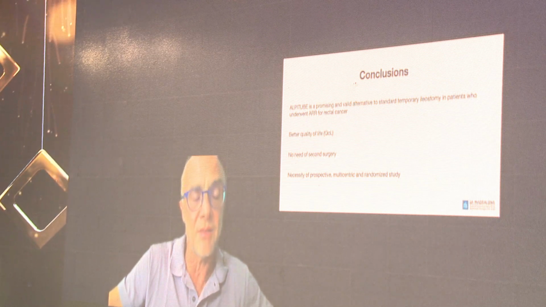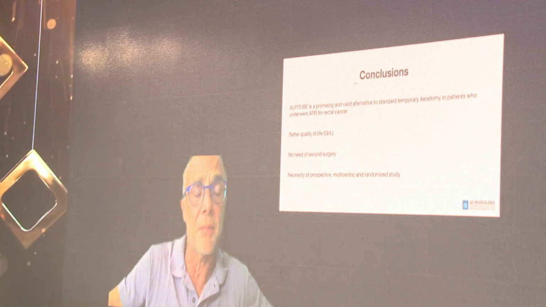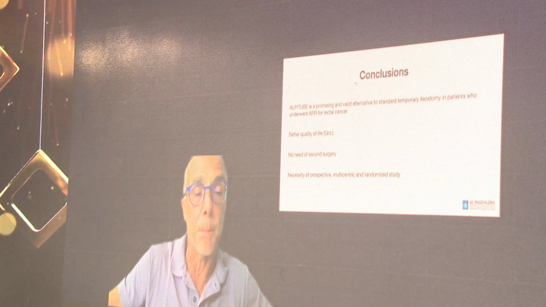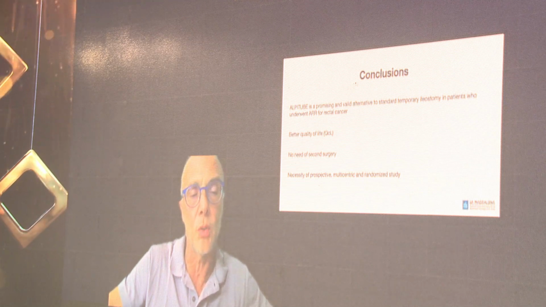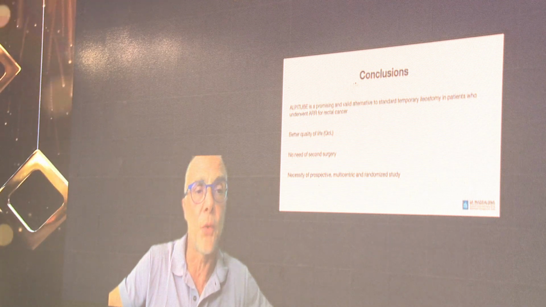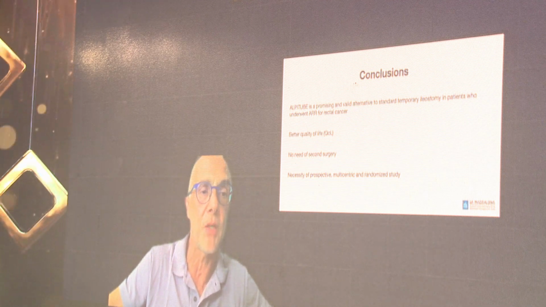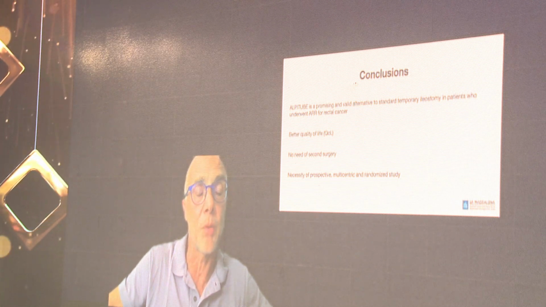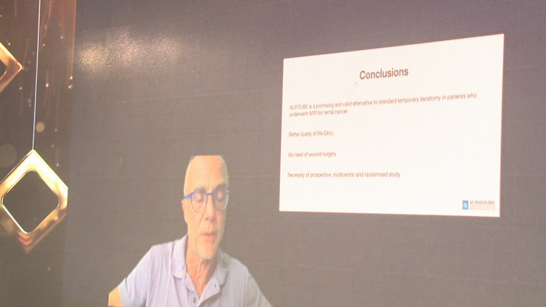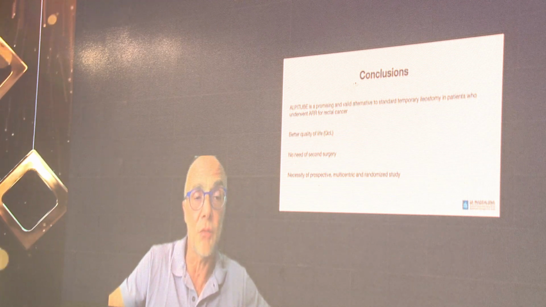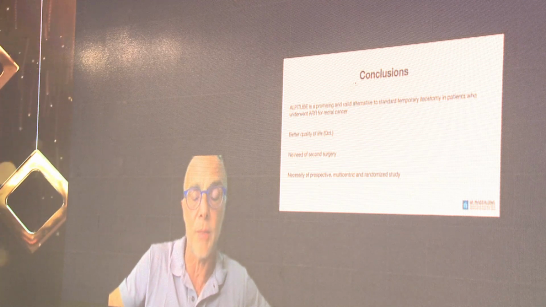We will investigate better quality of life, but it is very promising because of no need for stoma management, for quality of life of these patients, no need for secondary surgery, with aesthetic issues also. But there is a necessity of a prospective, multicentric and randomized study.